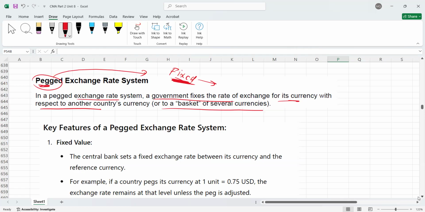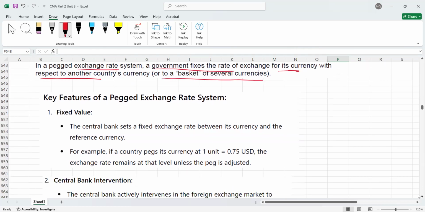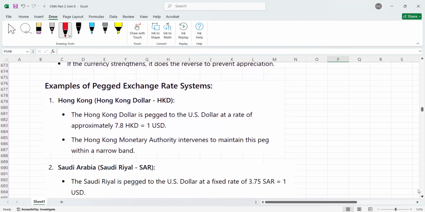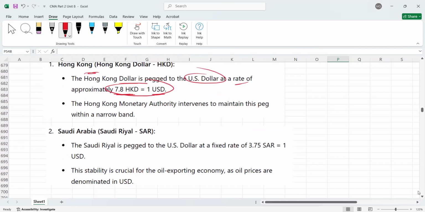So for example, I gave you an example already. Hong Kong dollar is pegged against the US dollar at a rate of 7.8 Hong Kong dollars to 1 USD. This is the fixed rate. Another example, Saudi Arabia.